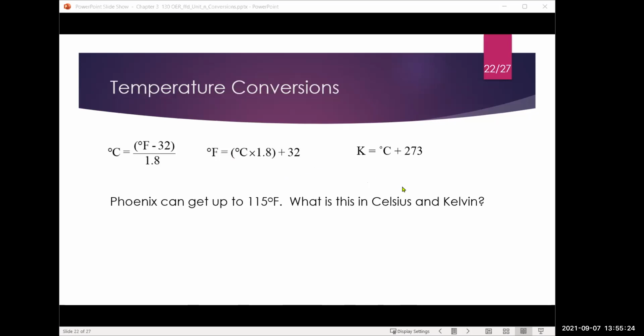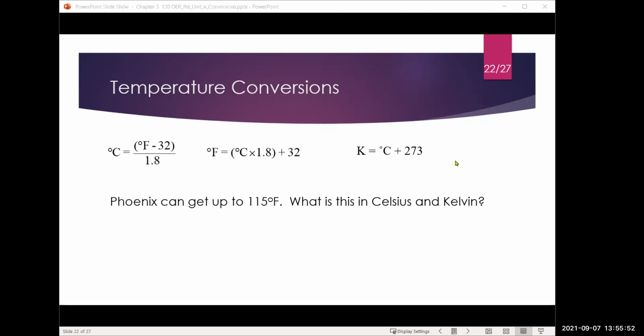With respect to Kelvin, you have to go through Celsius and simply add 273 to whatever the Celsius temperature is. If your problem gives you a temperature in Fahrenheit and asks you to convert that to Kelvin, you have to convert the Fahrenheit to Celsius first and then add the 273.